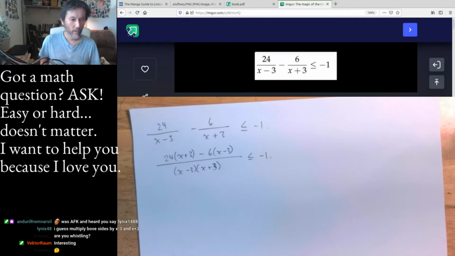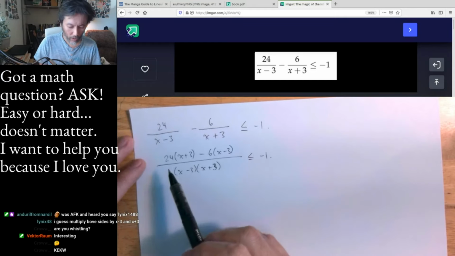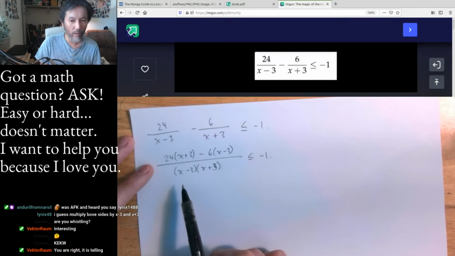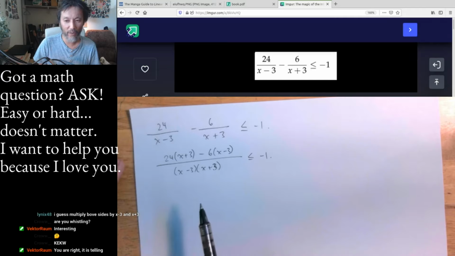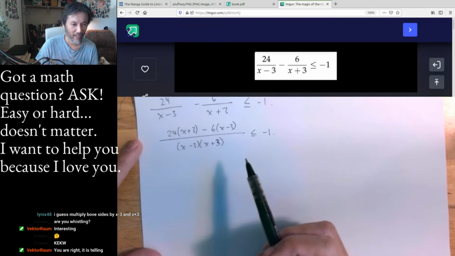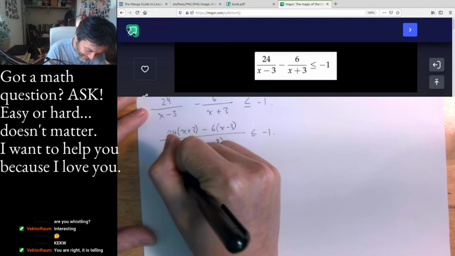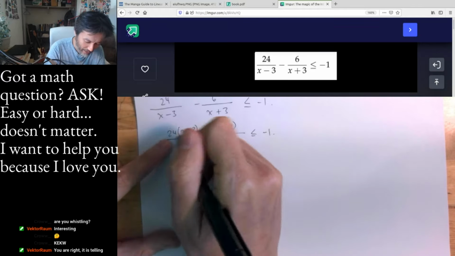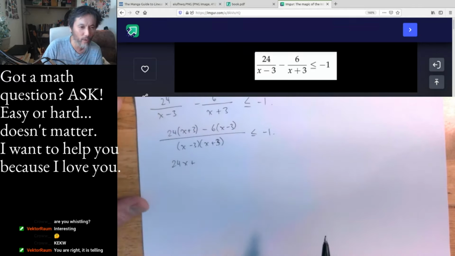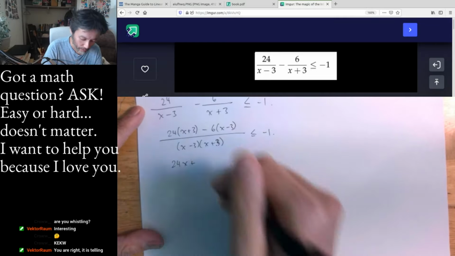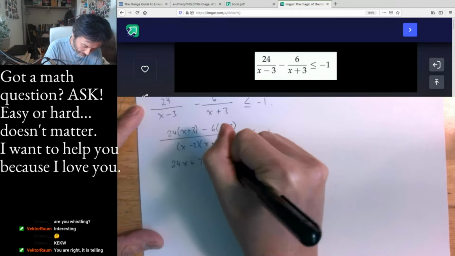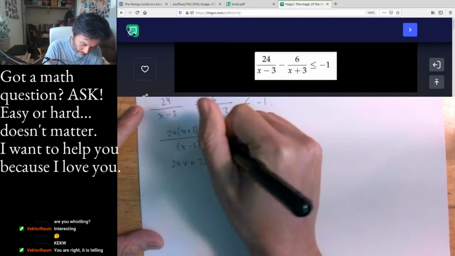Okay, so then what we can do is expand this out, collect like terms, and all of that kind of stuff. So then this is equal to 24x plus, oh god, a ginormous, what is 24 times 3? I guess that's 72. Minus 6x plus 18.